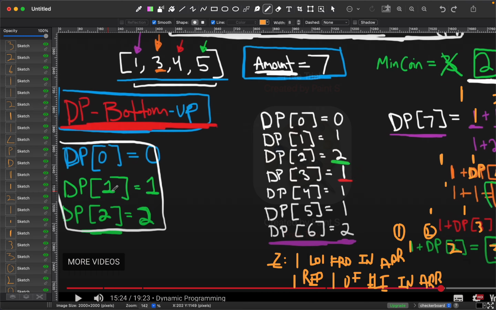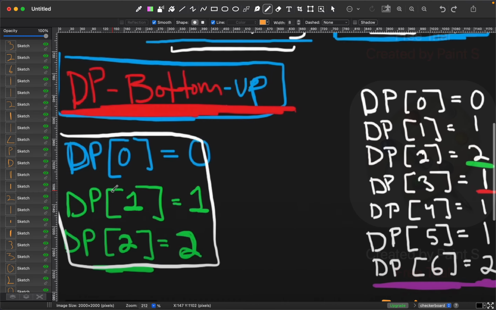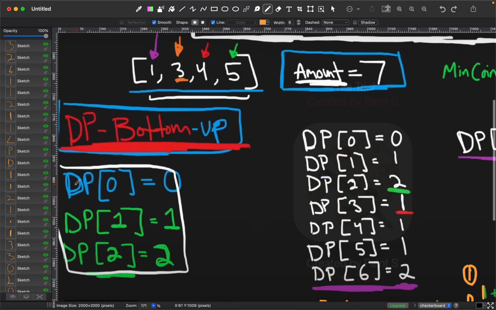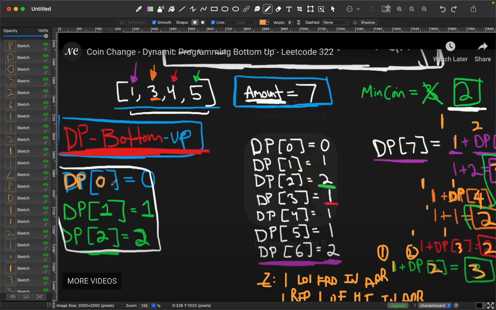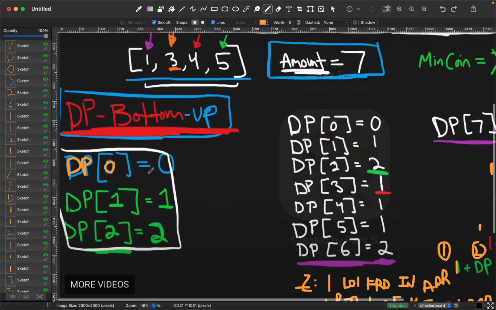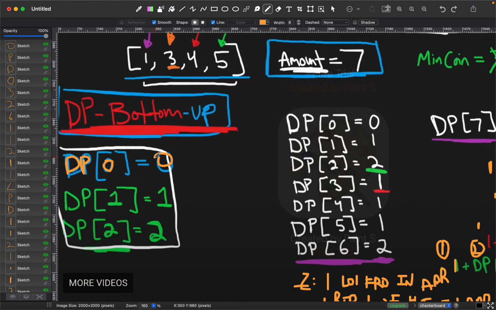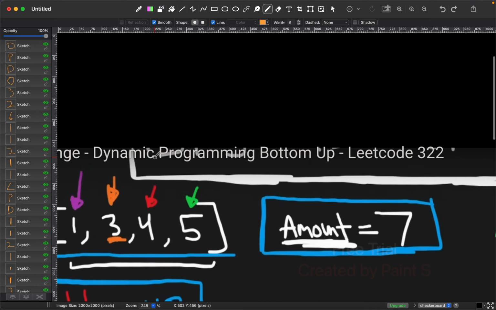I start off with saying dp equals 0. So this item actually means how many coins do I need among all this to become the value of 0. I need 0 coins, so this is very important.